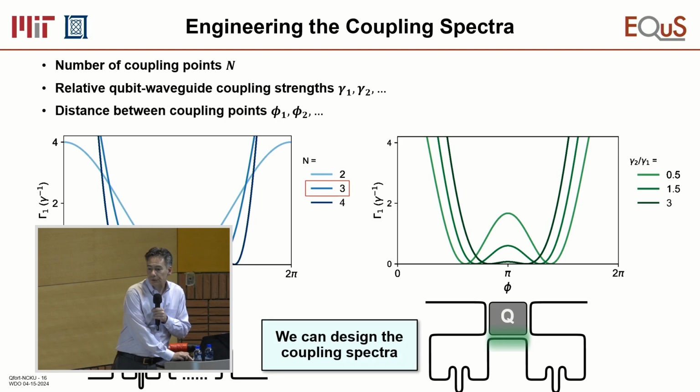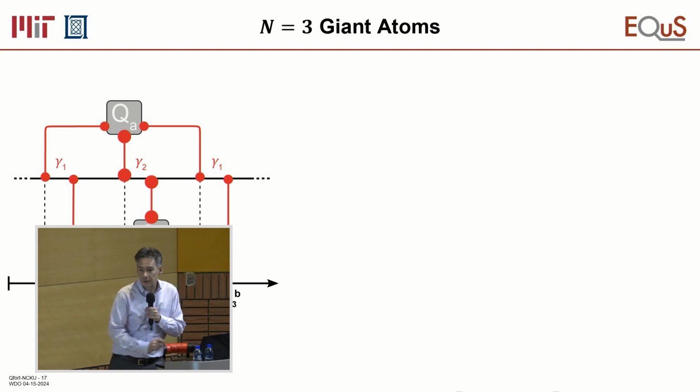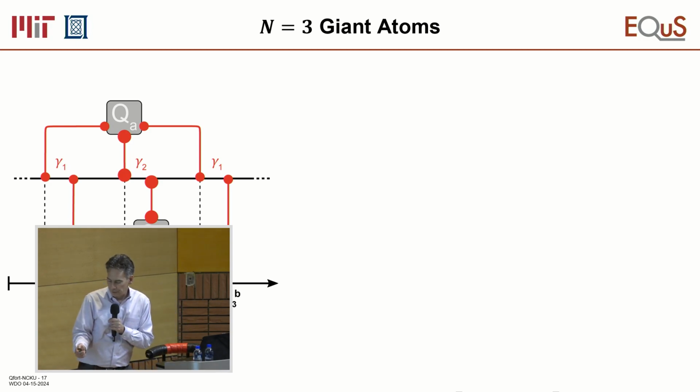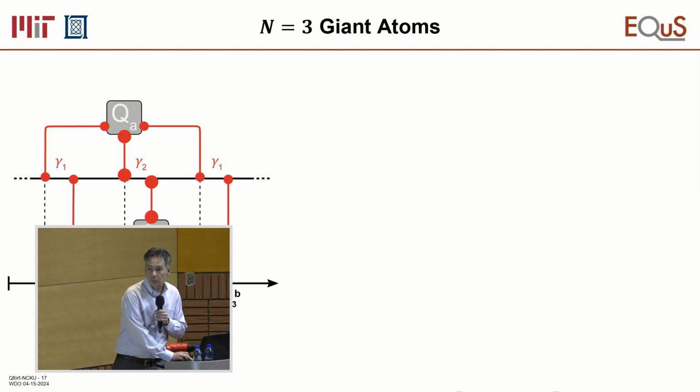So with this, we're able to design coupling spectra. So to do a demonstration, we decided on the following. We have, again, 2 qubits, but we're now coupling them at 3 points each. The size of the dot indicates the strength of the coupling, and the spacing is not necessarily all equal.